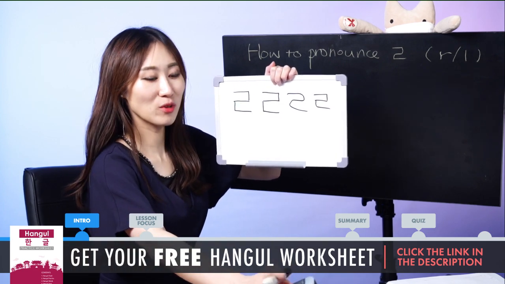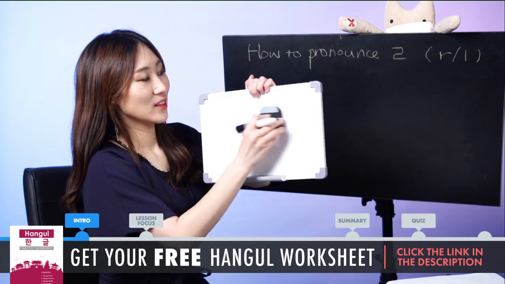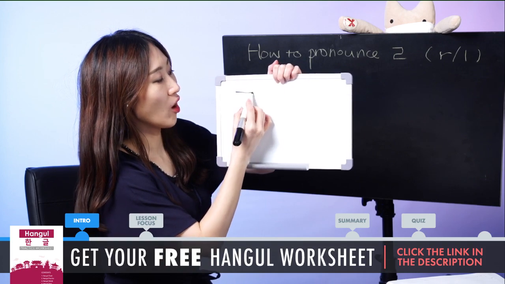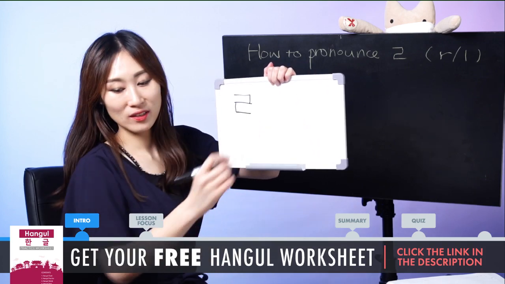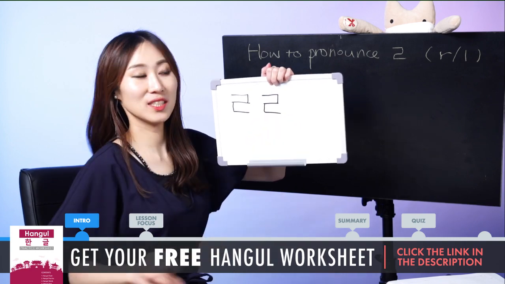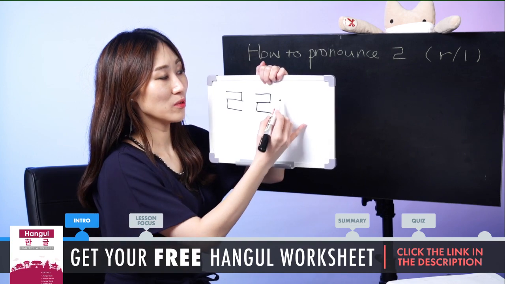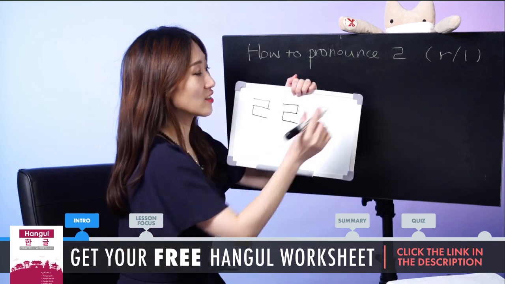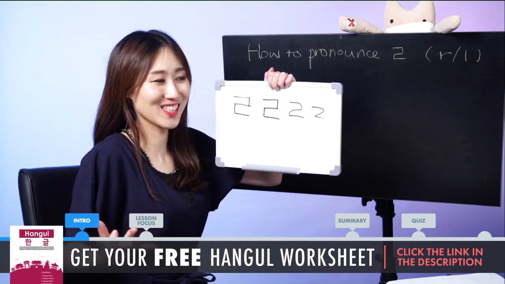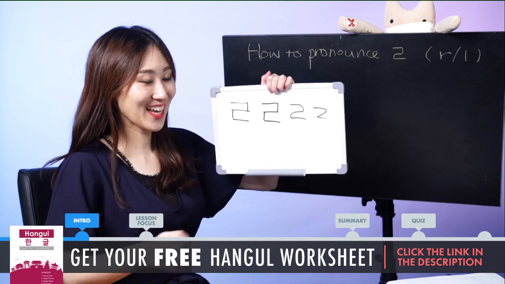So beginners, I recommend you learn the correct way, like this. 1, 2, 3. But again, a lot of Korean people write this letter like this or even this to write faster. But this is the original correct form.